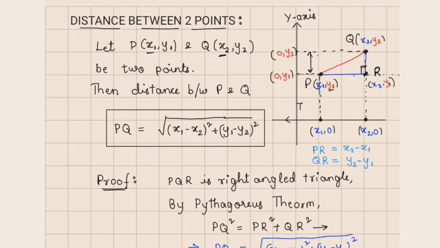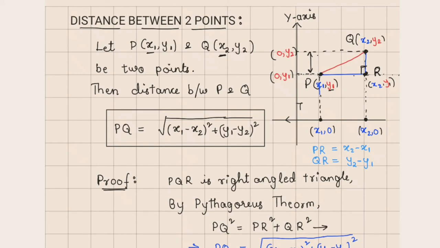So we need to measure the distance of PQ, the length of the PQ. Now, if I draw a perpendicular to the x-axis from Q, then this point will be x2 comma 0, because the x coordinate of Q is same as the x coordinate on the x-axis. And if I draw a horizontal from P to the y-axis, it will be 0 comma y1.